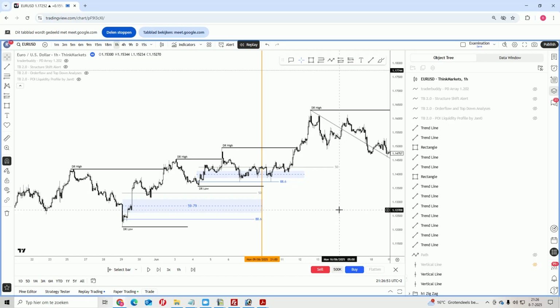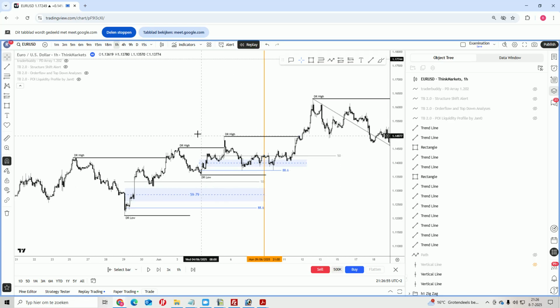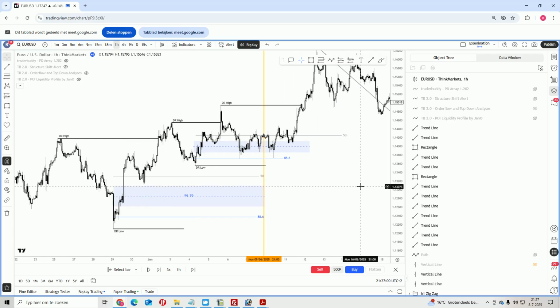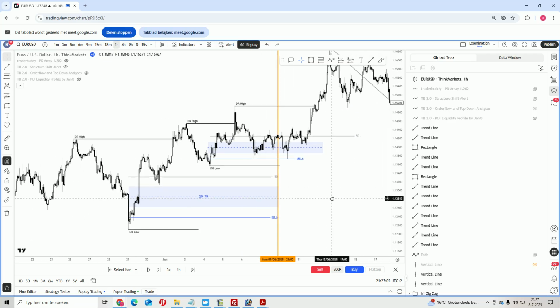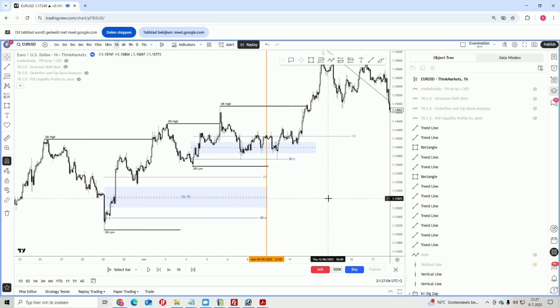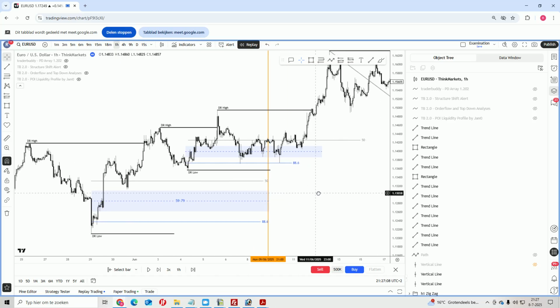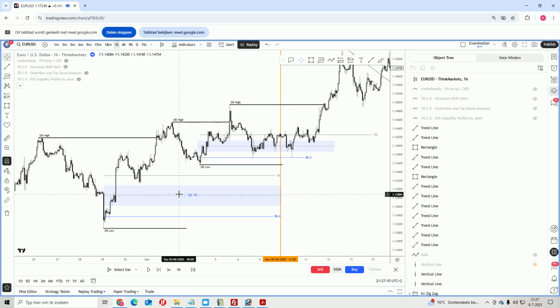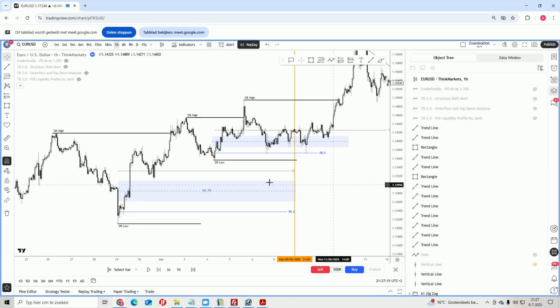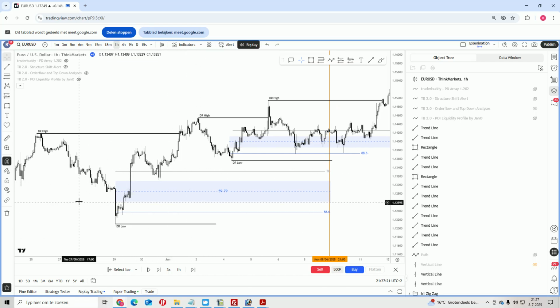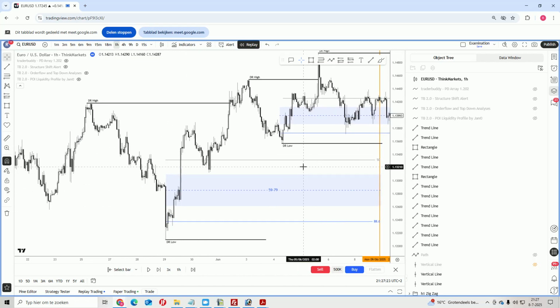So if you want to go for a long, you want to wait, and it doesn't matter what time frame you are on. You always want to look for PD arrays in the discount zone and not in the premium zone. So if you look here at the first move, what do we have on premium?